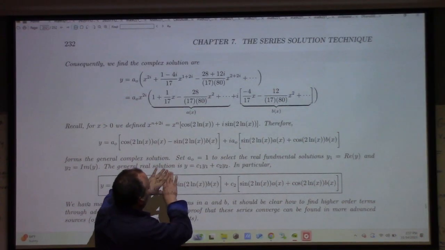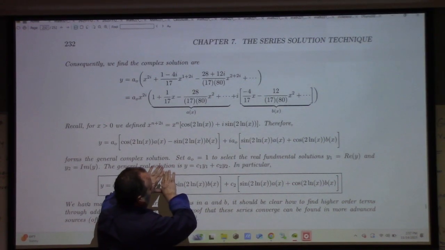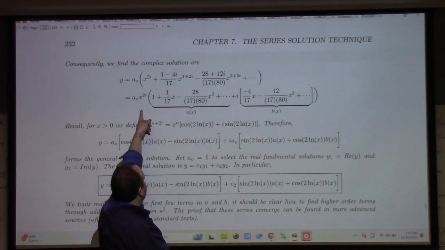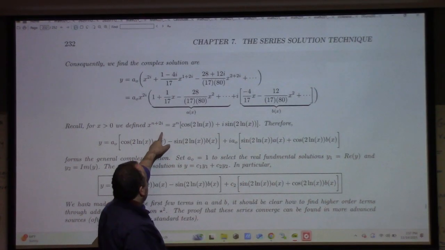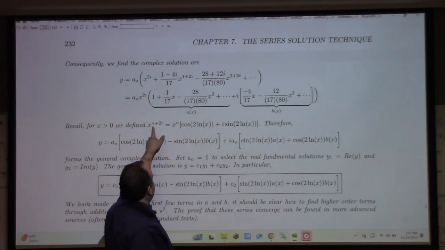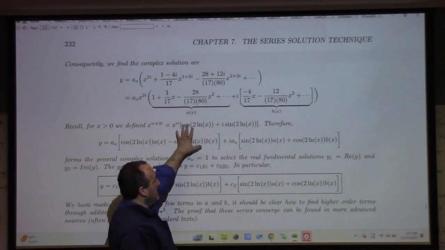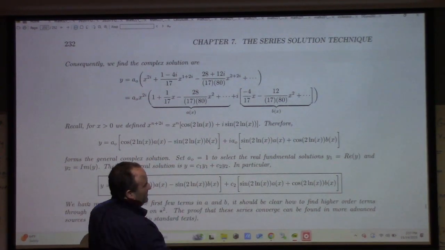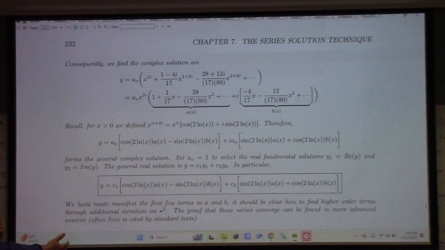So you put the imaginary part over there, the real part over there, x to the 2i, but we know x to the 2i is cosine 2 log x plus i sine 2 log x, and the x to the n just comes out. So I take that complex expression and multiply it by that complex expression, and it gives me a real part and an imaginary part. Those are separately the real solutions. Same thing as usual: we find a complex solution, we pick off the real part and the imaginary part. Those are your separate solutions. This one's hard, I think.